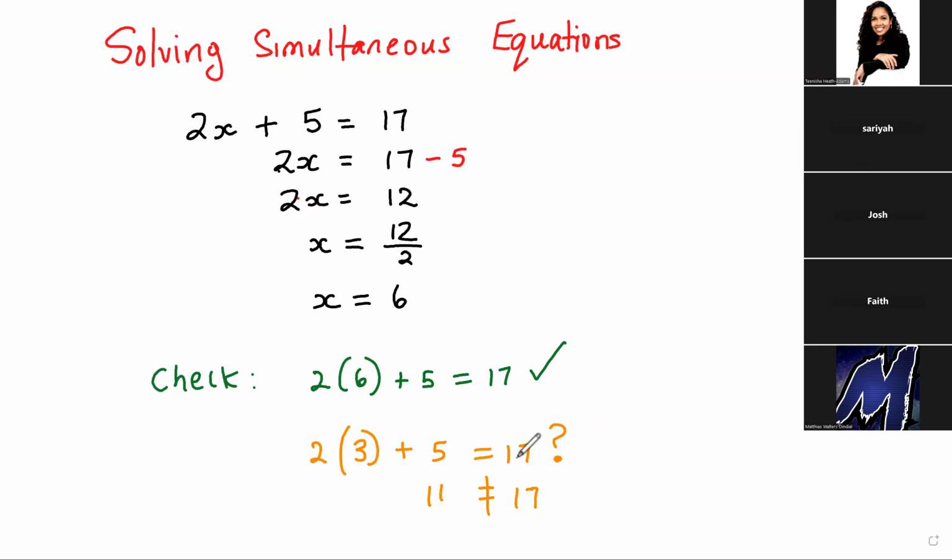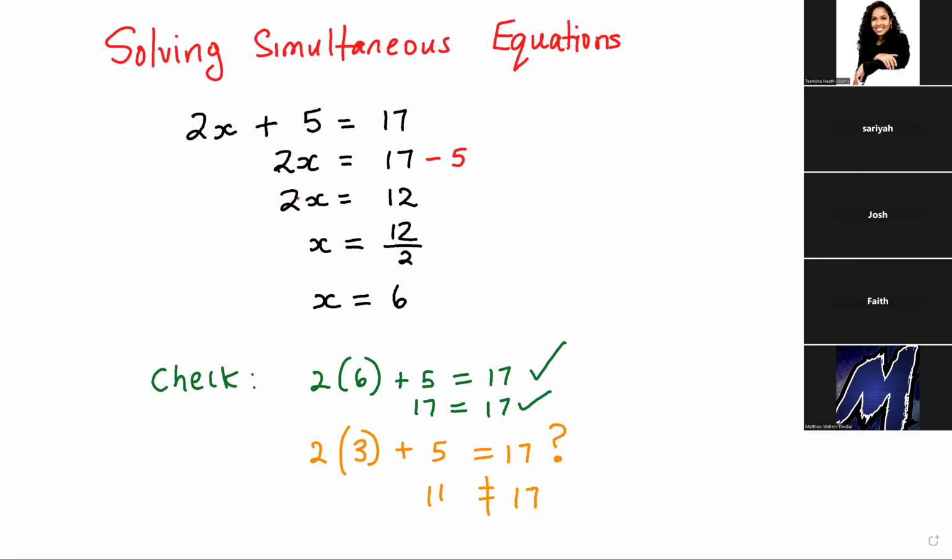So this is how you check to see if the answer to your equation is correct, by substituting the value that you get for it back into the original equation to see if the left-hand side is actually equal to the right-hand side. What we got first is 6, and when you substitute that into the left-hand side, it does in fact give you 17, because 2 times 6 is 12 and 12 plus 5 is 17 and 17 is equal to 17.